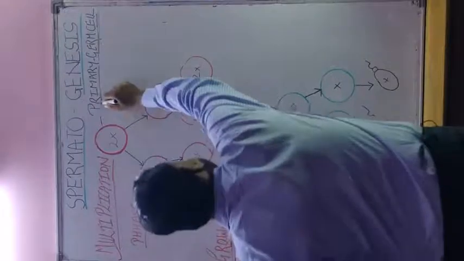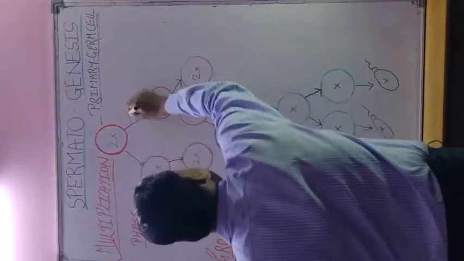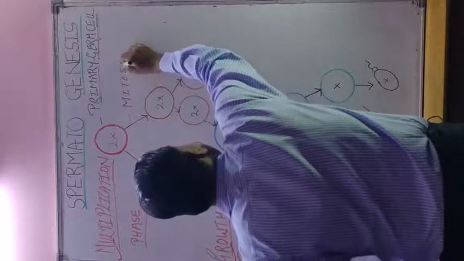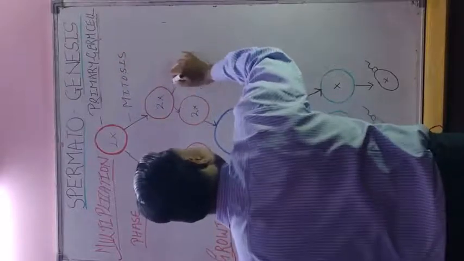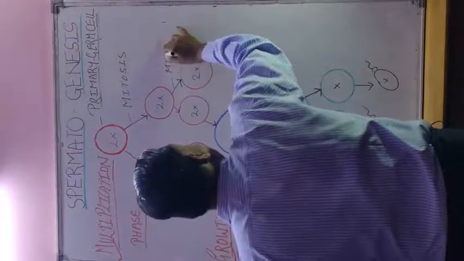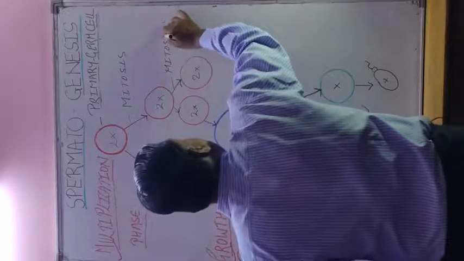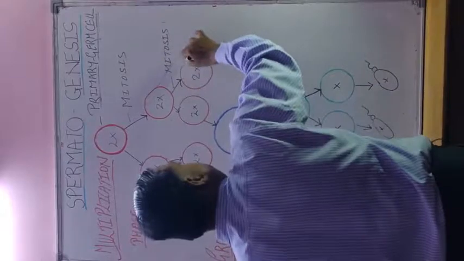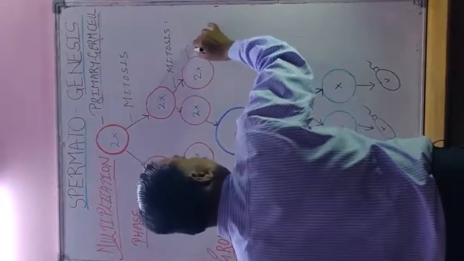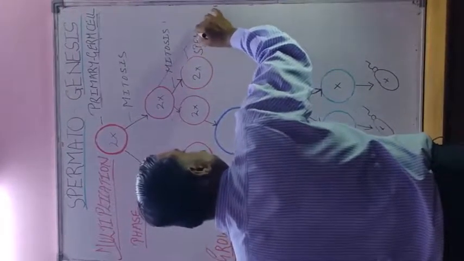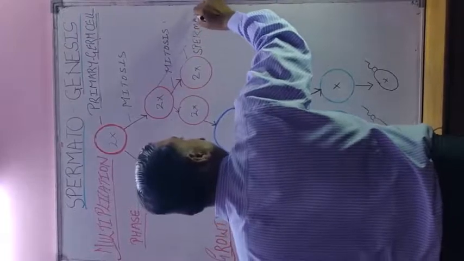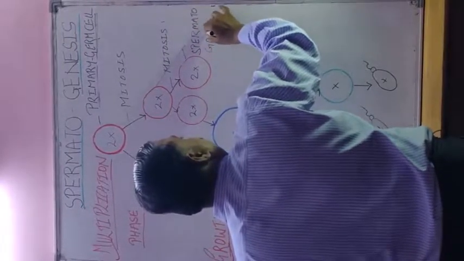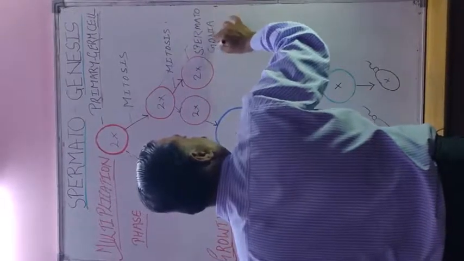Primary germ cells divide by 2 mitosis divisions, 2 times by mitosis division, to produce many cells. These are spermatogonia. One is a spermatogonium, and the plural is spermatogonia.